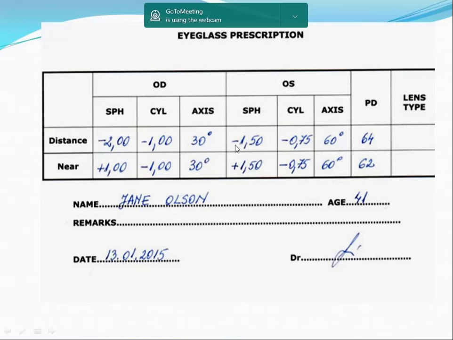Look here, OS stands for oculus sinister, or the left eye, and OD stands for oculus dexter, or the right eye. In the left eye, the spherical power is -1.5. They have added +3 for near vision and the net power is +1.5.